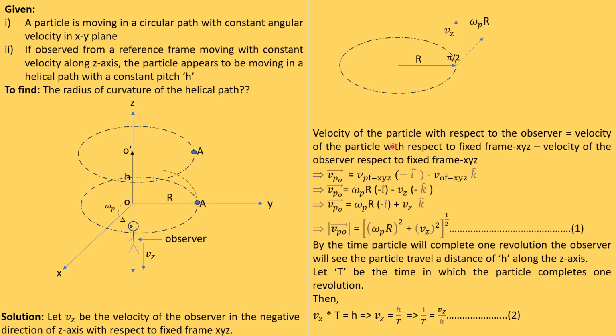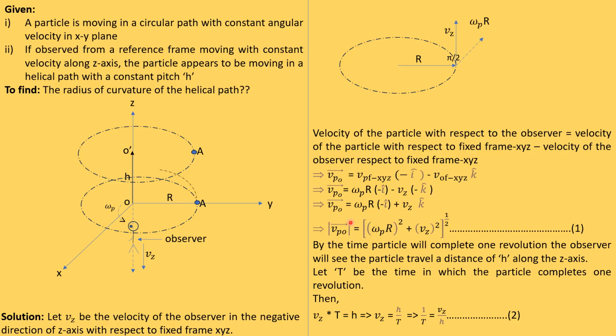This we know is omega p into r, minus i, where i is the unit vector in the x direction and this is opposite to the x-axis, towards the negative of the x-axis. Velocity of observer is in the negative direction of the z-axis, so we have taken just minus k. So velocity of particle with respect to observer will become this.